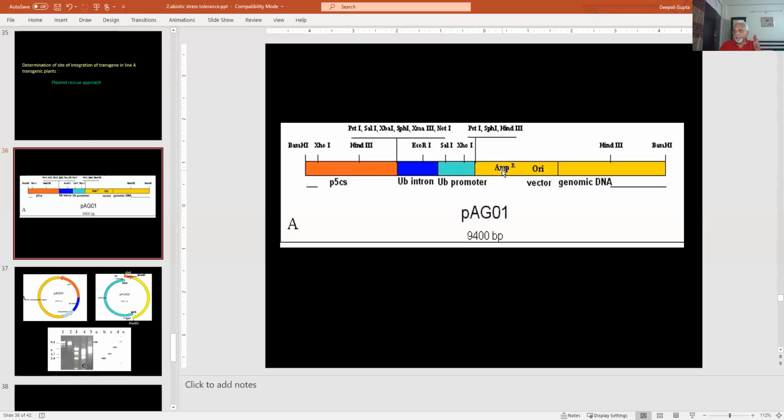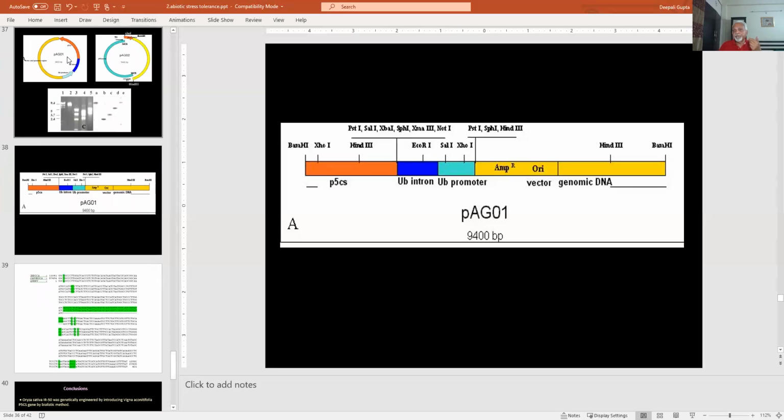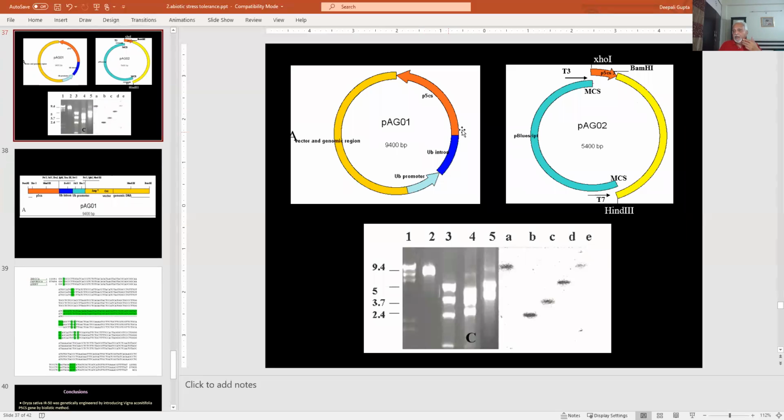Now, a portion of the plasmid which has the origin of replication and the ampicillin resistance gene will be able to amplify, and such cells were then amplified and the DNA was isolated and checked.